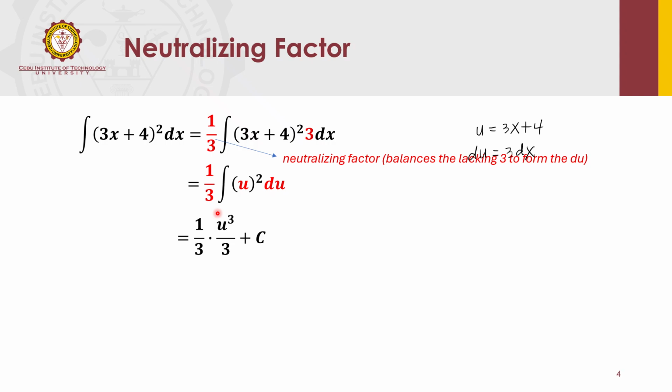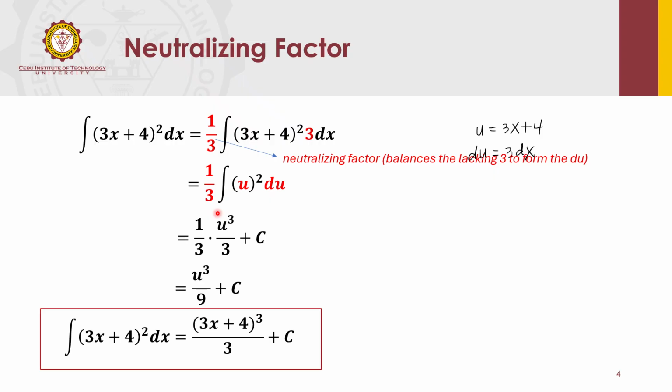So we now apply the basic integration formulas, I2 and I4. So we have, of course, the same result: the cube of 3x plus 4 all over 3 plus c.